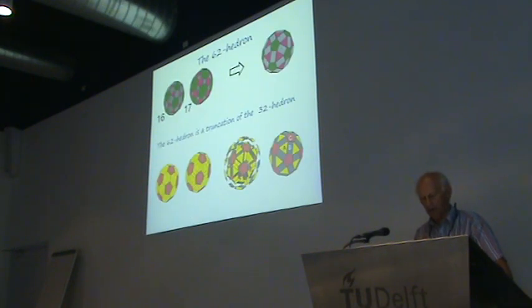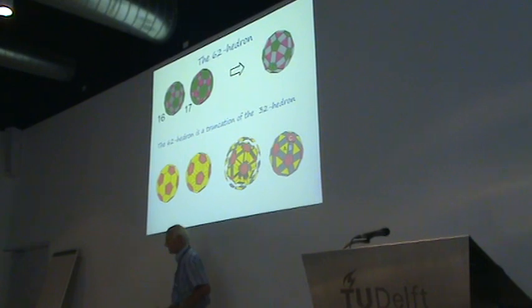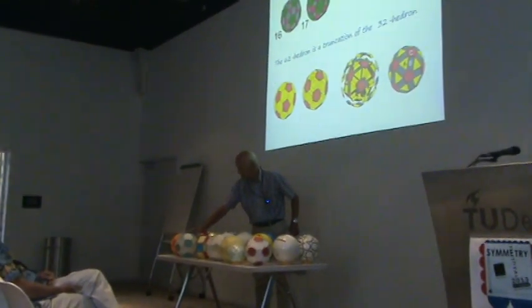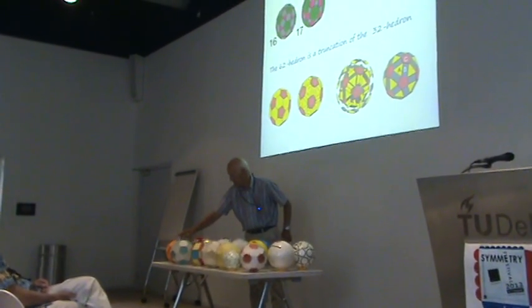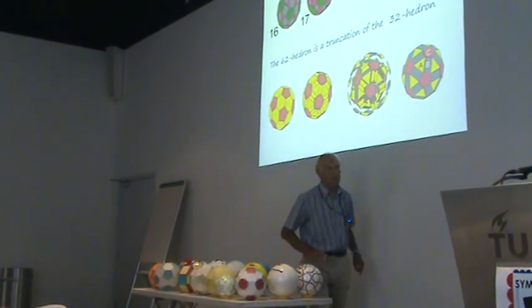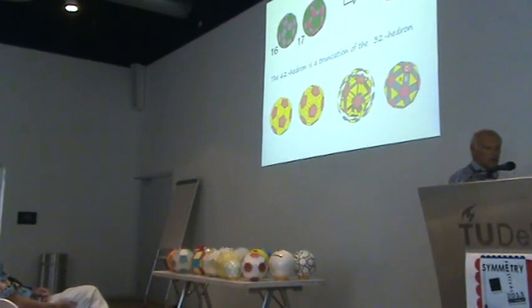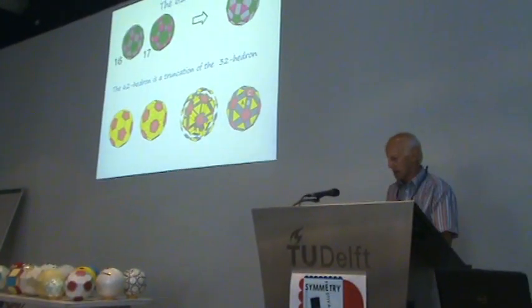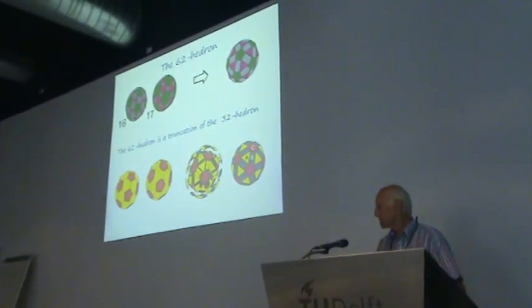The 62-hedron is found from 16 or 17. You see it's demonstrated here. It starts from the truncation of this one. This is the isodistant form of this one. When you start from this, you can cut off parts again, as I show here. And then you find that other one.